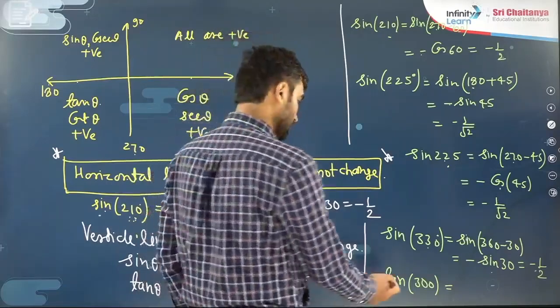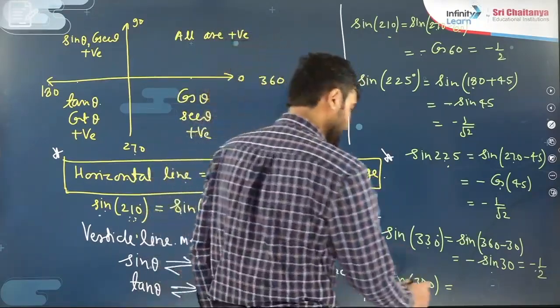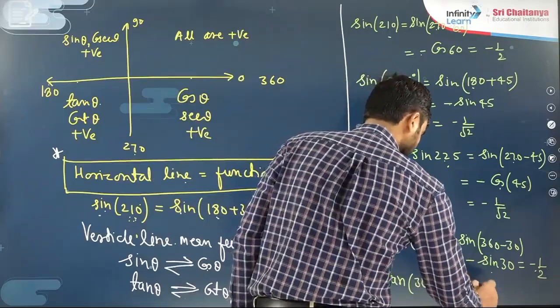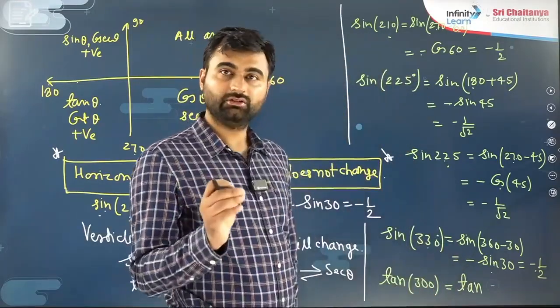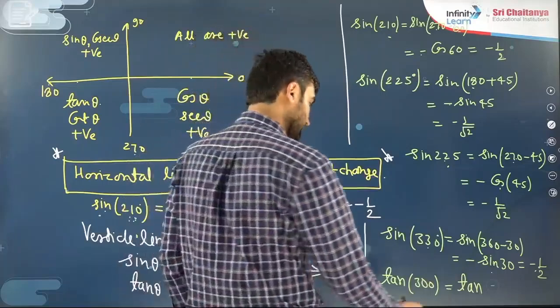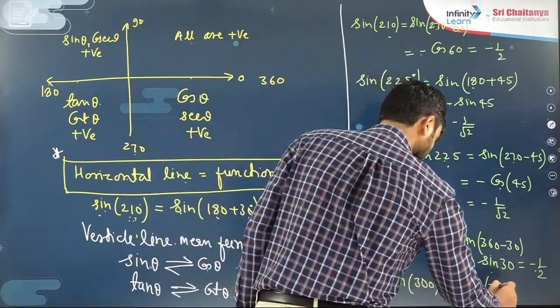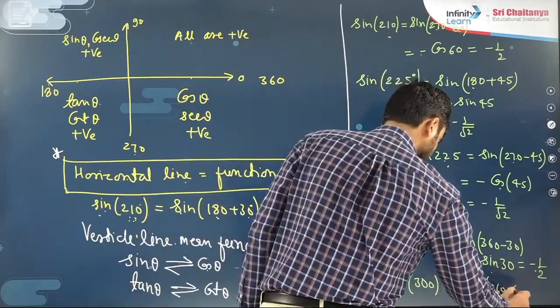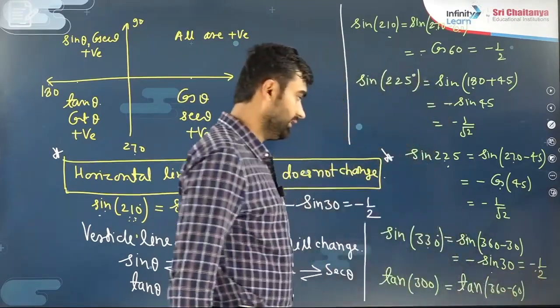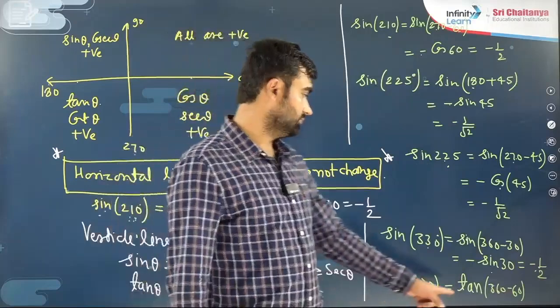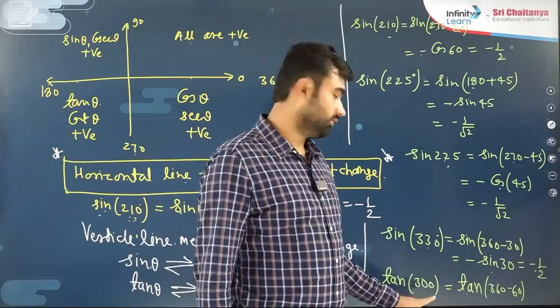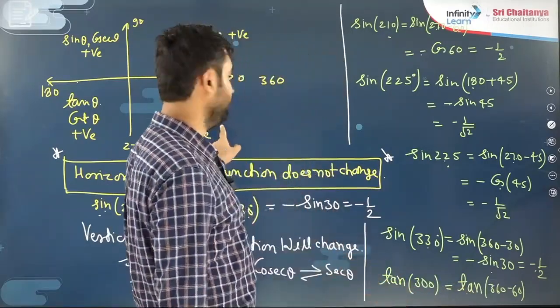Now tan 300. Again as I said, use the horizontal line. So tan 360 minus 60. Okay. And you know tan theta is negative in the fourth quadrant. 300 means fourth quadrant, so it is negative.